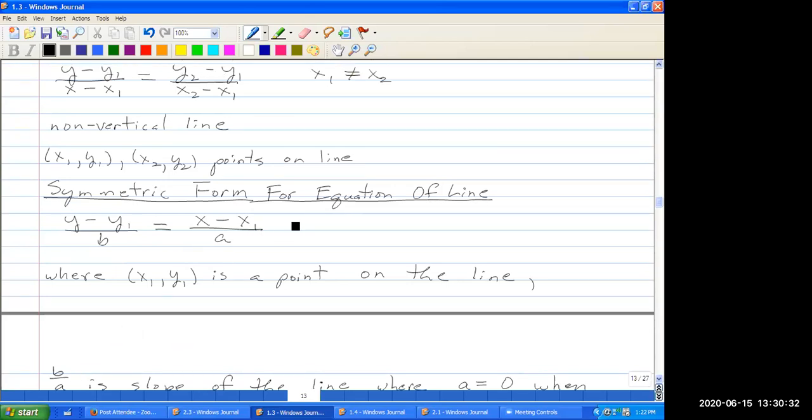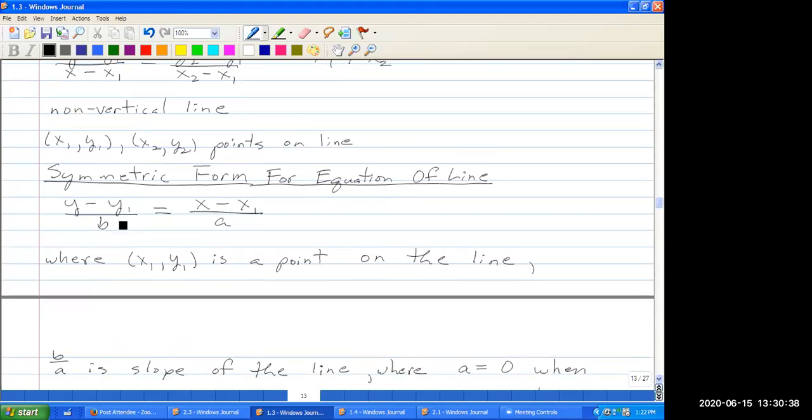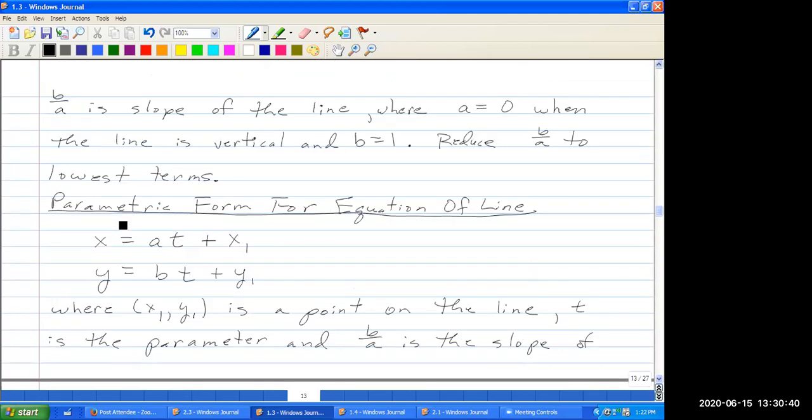Let the slope here equal t, and then solve for x and y. So the parametric form for the equation of a line is just x equals at plus x1 and y equals bt plus y1, where (x1, y1) is a point on the line, where t is some parameter, and where b over a is the slope of the line.